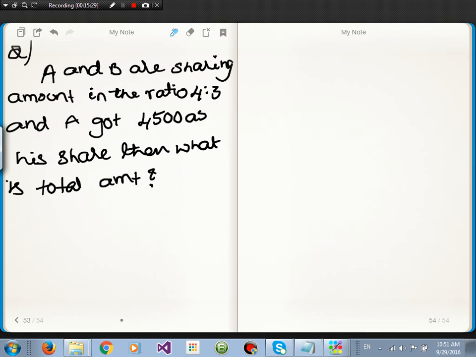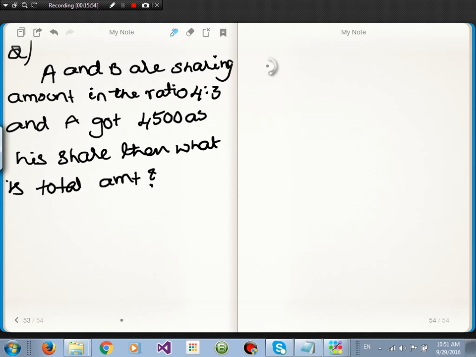If you look into this question, A and B are sharing an amount in the ratio 4 is to 3, and A got 4500 as his share. Then what is the total amount shared among A and B? In this question, 4 plus 3, 7 parts, total amount is equal to 7 parts. A got 4500, which is equal to 4 parts.